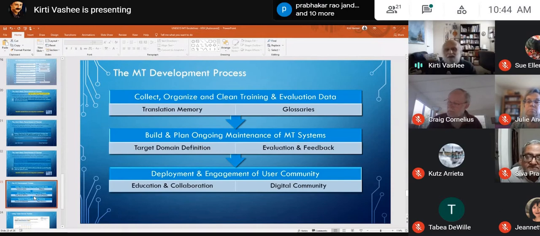So, you know, the development process involves collection, organization, and cleaning of training and evaluation data, a plan to build initial systems, assess how good they are, how bad they are, what areas need to be improved, how do we improve them, and then getting the user community involved in a way that their feedback becomes part of your next generation data and the evolutionary path that your MT systems go through.